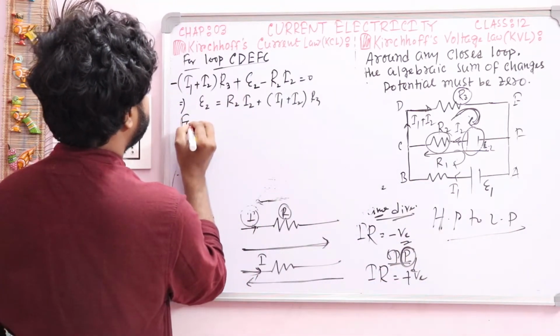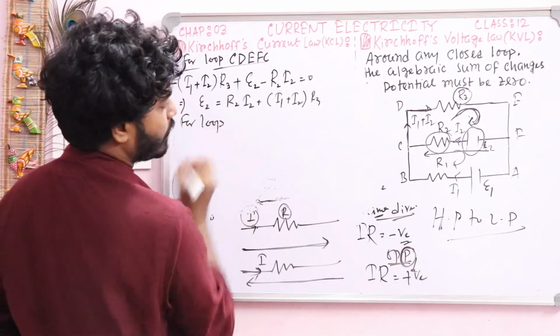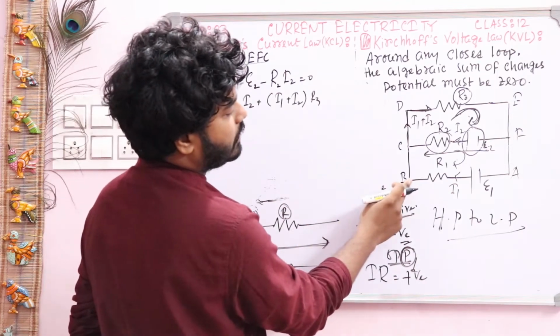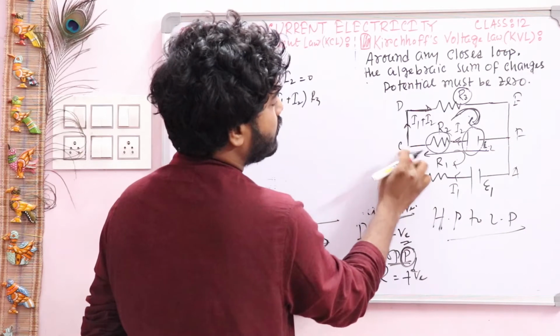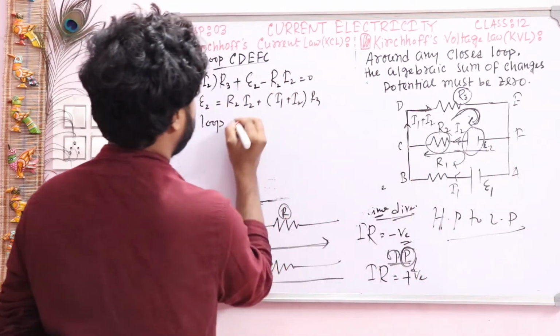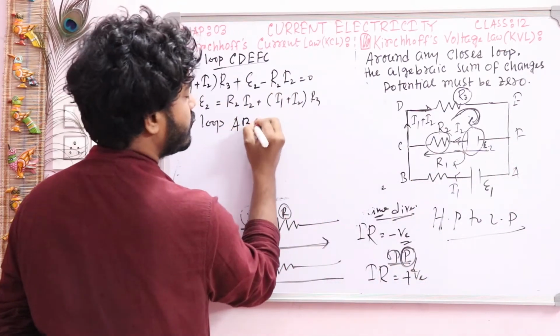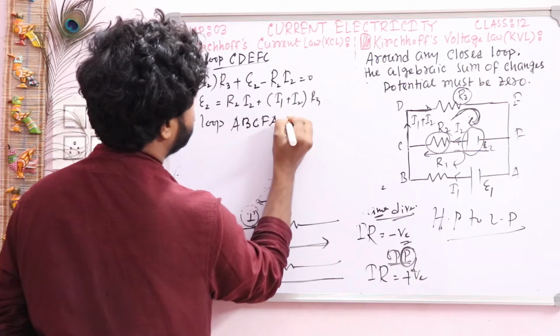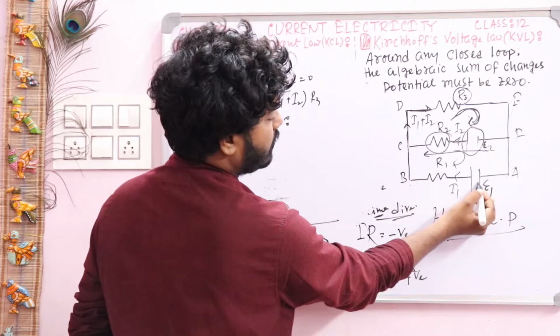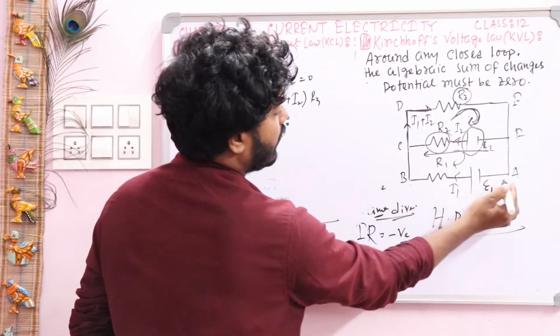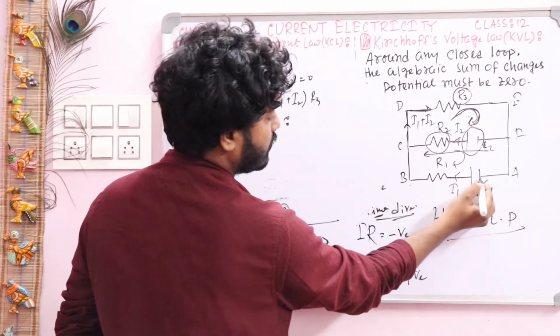For the loop, you just consider from here: A, B, C, F, A. Write it down. So A to B, first there is one cell E1 and your direction is in this way, that is negative to positive.